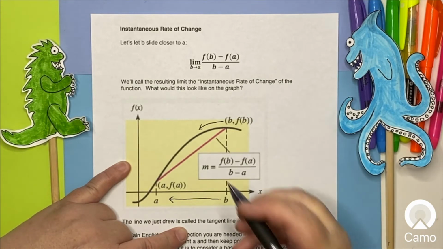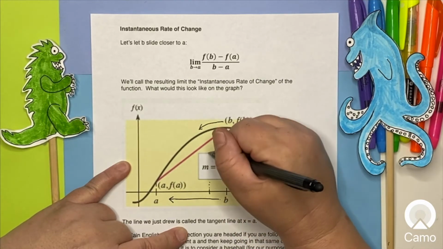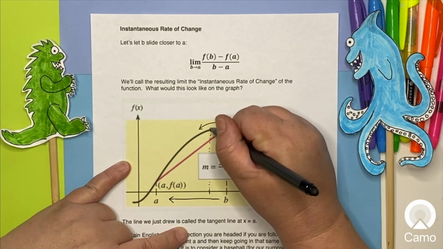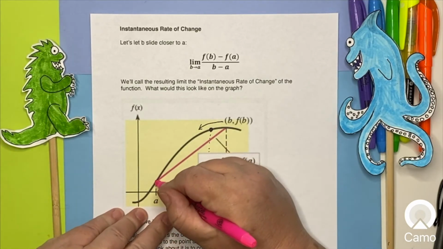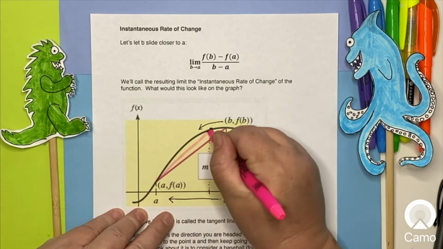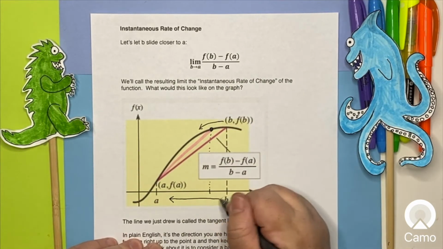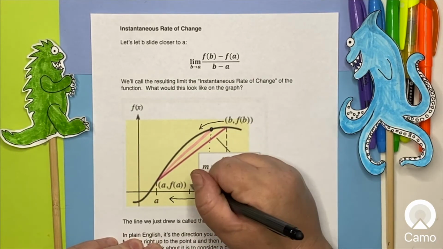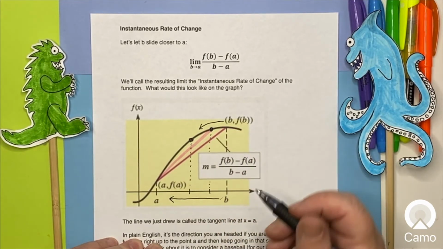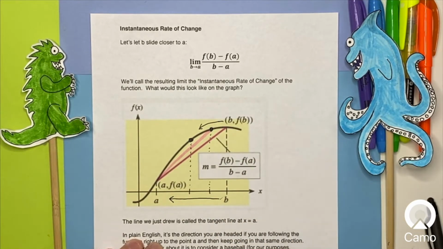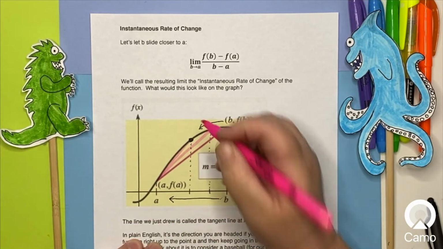And so, for example, if b were there, f of b would be there, and our little line segment would be there. And if we move a little bit closer, like here, my new f of b would be there, and then my line segment would be right there.